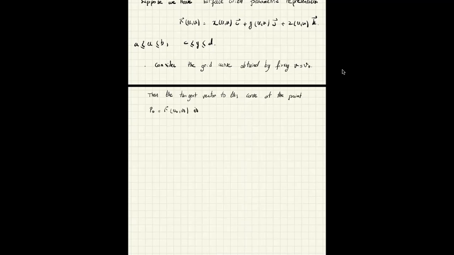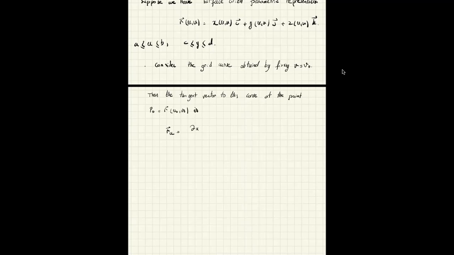make sure you understand the difference between the point (u0, v0) and the point r(u0, v0). (u0, v0) is in the uv plane, it's just the parameters. But the real point is the image of this (u0, v0). So the tangent vector is r_u.